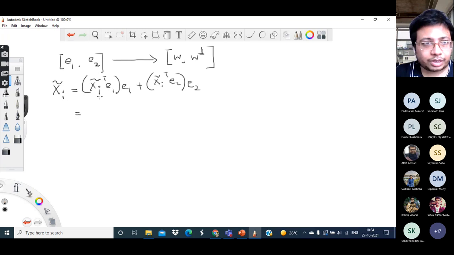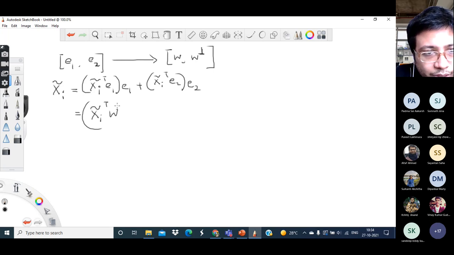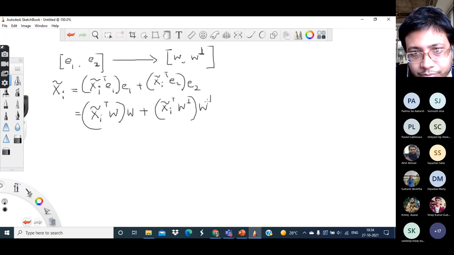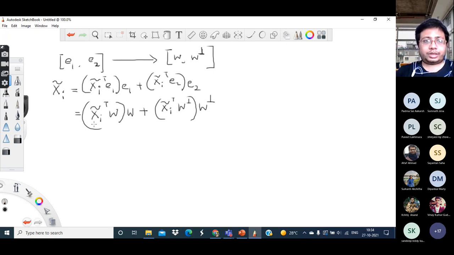So my data can as well be written in the same way: xi tilde transpose W times W plus xi tilde transpose W perp times W perp. This is true for any W.